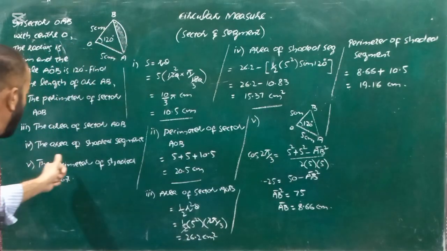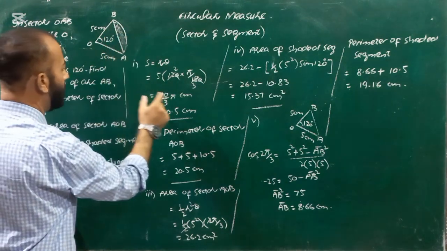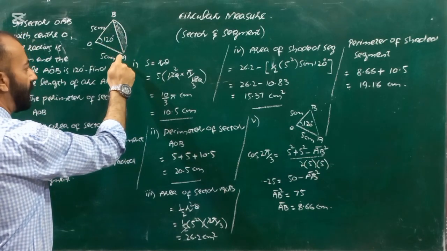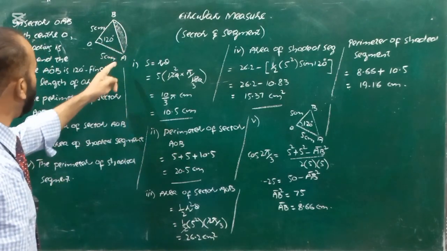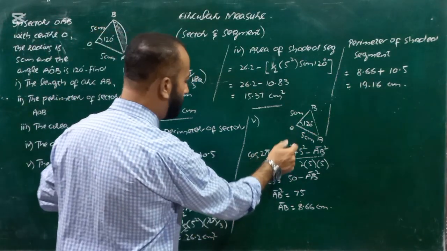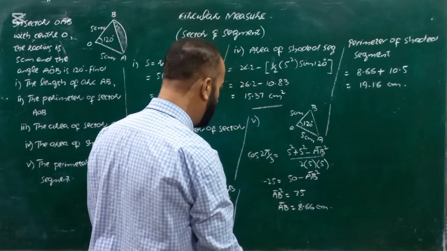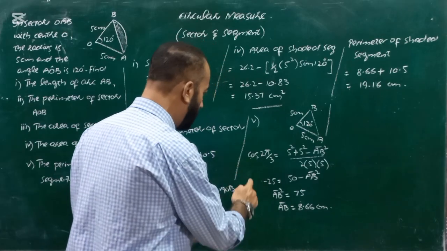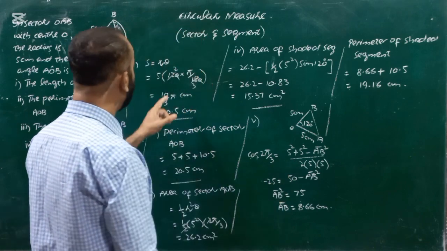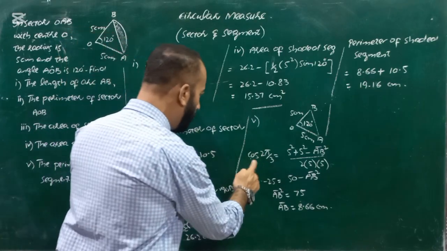You can see these two sides are given, one angle is given, and this side of the triangle is missing. So we will use the cosine rule. So cos 2 pi by 3, which is actually 120 degrees.